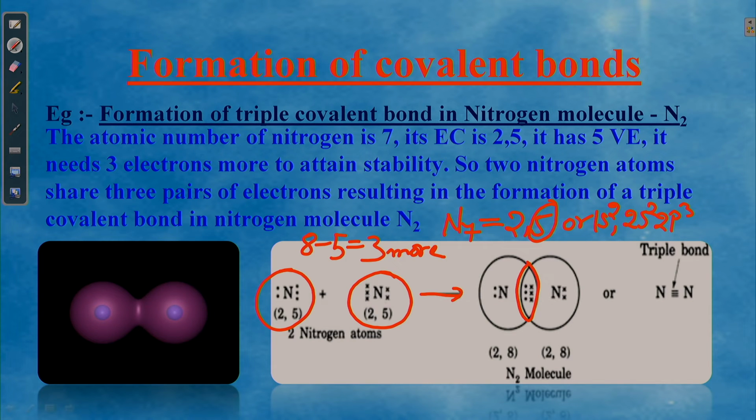After sharing 3 electrons, they form a triple bond. Why a triple bond? Because it shares 3 electrons. Now, it is known as a nitrogen molecule. So, this is the example for a triple bond.